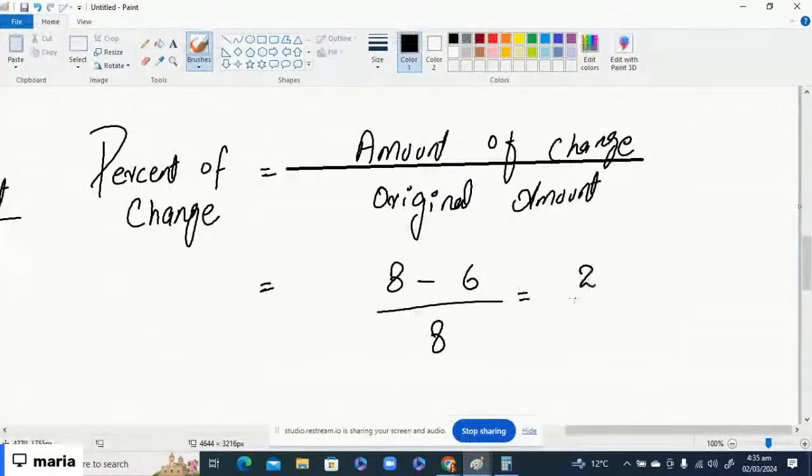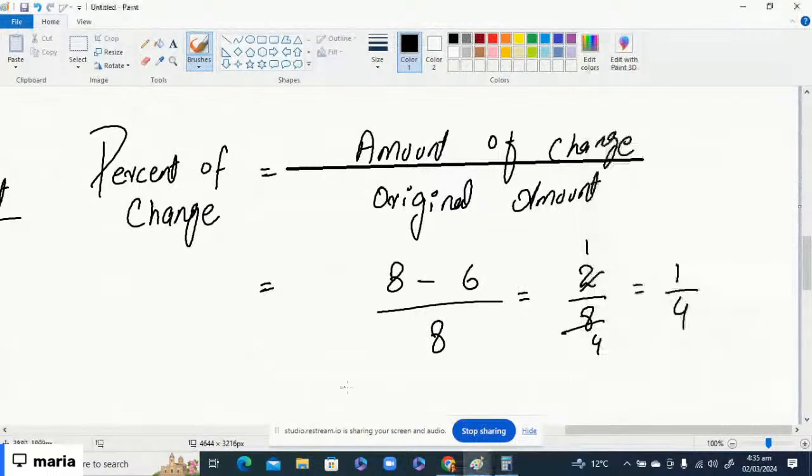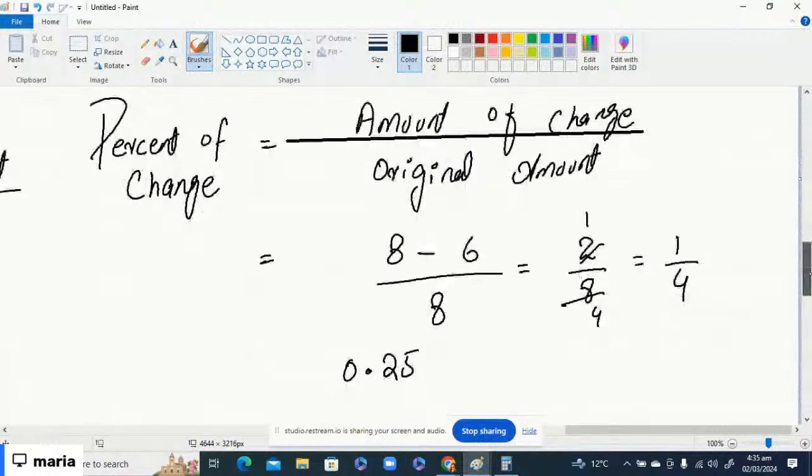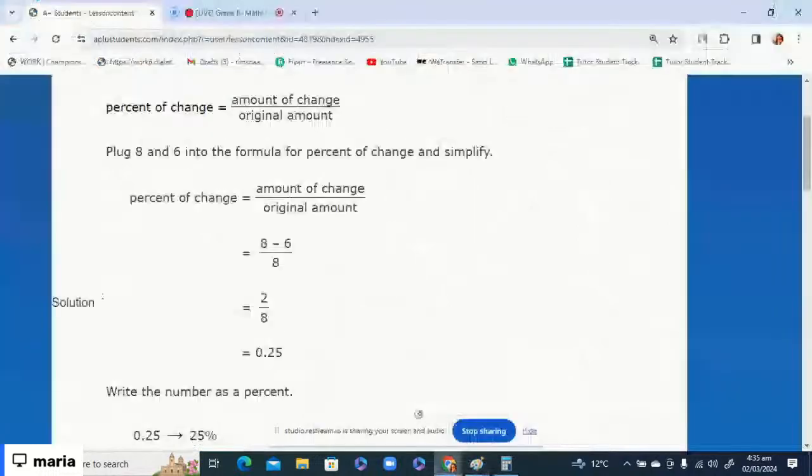So this is 2 by 8. 2 times 1 is 2. 2 times 4 is 8. So 1 by 4. What is the answer? 1 divided by 4. So that is 0.25. This is your percent of change.